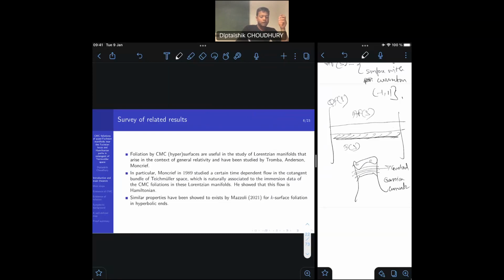K-surface foliations have been shown to exist for any quasi-Fuchsian manifold, I think initially by Labourie, and what we want to do is emulate the property shown by Mazzoli in 2021 that these K-surface flows actually form time dependent orbits of a time dependent Hamiltonian flow, where here also the Hamiltonian function is the area of the K-surface that you have.